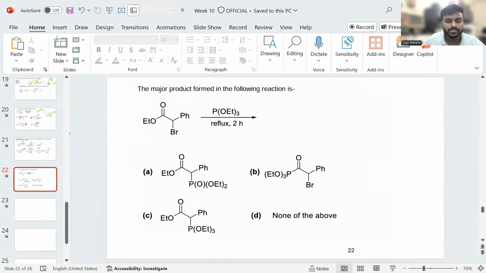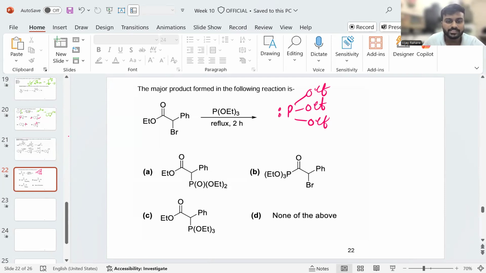So this is the alpha bromo ester, and you have added P(OEt)3. You are aware that phosphorus has a lone pair of electrons, and what will be the product in this reaction?